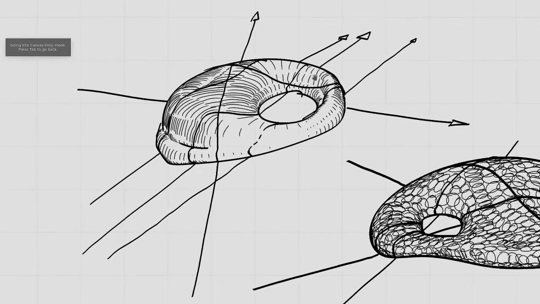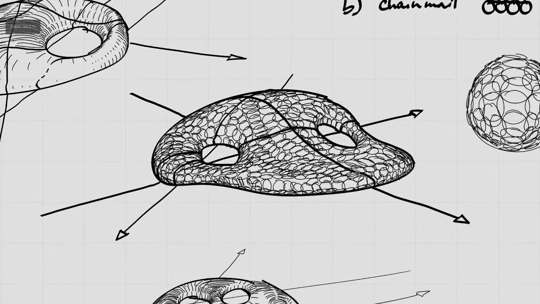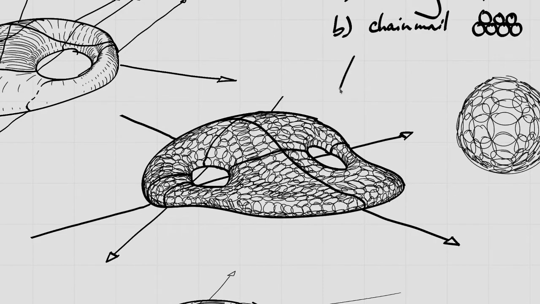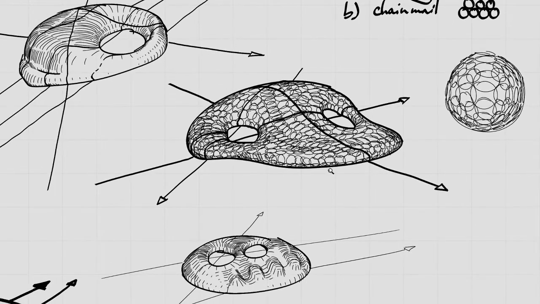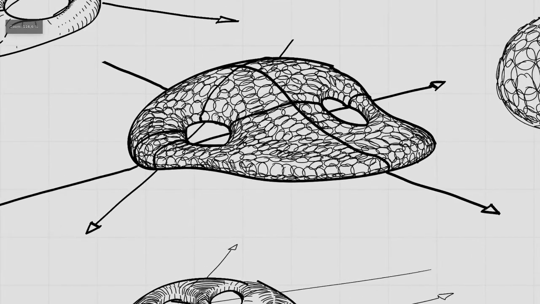Okay, so this is hatching. This is circles, the chainmail. Some of you may already see why chainmail is here. Lots of circles, and when they turn, lots of ellipses.